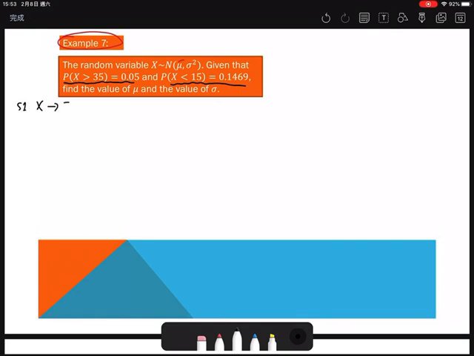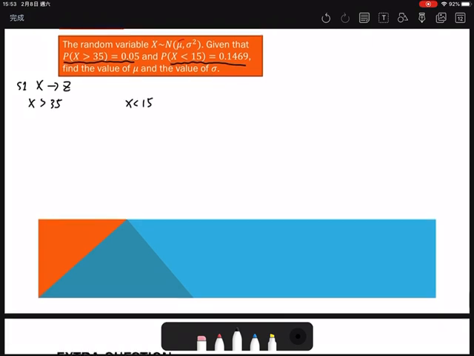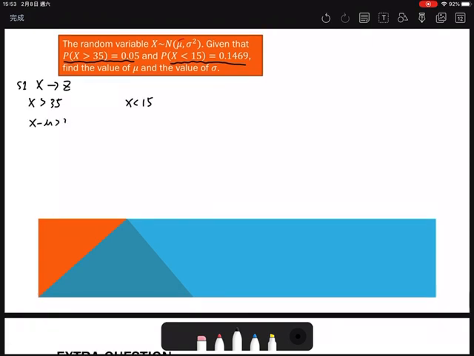So we have two conditions, x greater than 35, and another one, x smaller than 15. x minus mu greater than 35 minus mu, and x minus mu smaller than 15 minus mu.